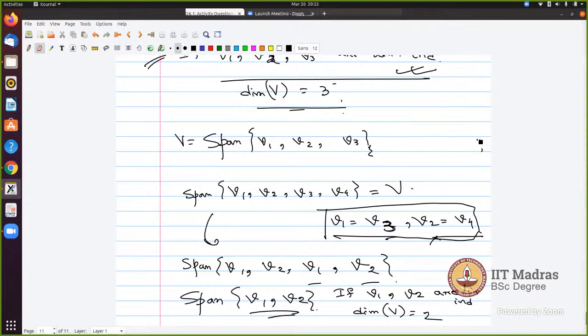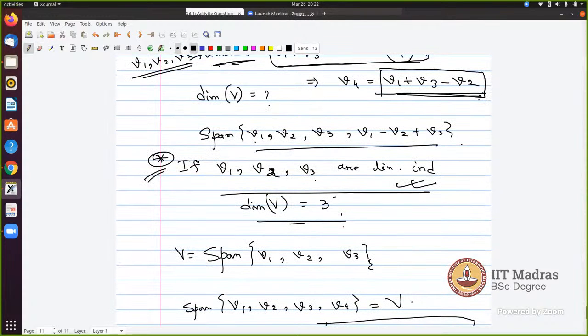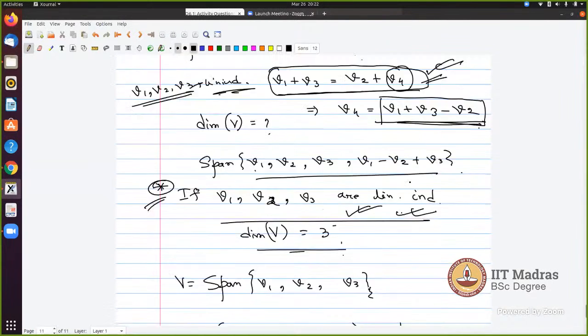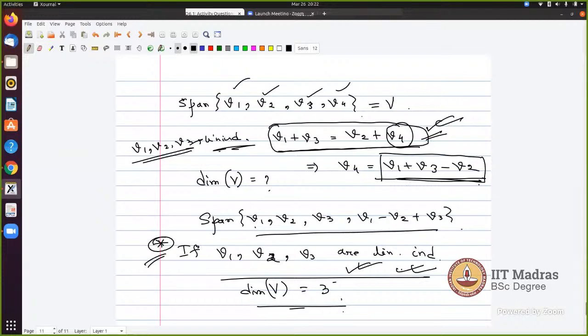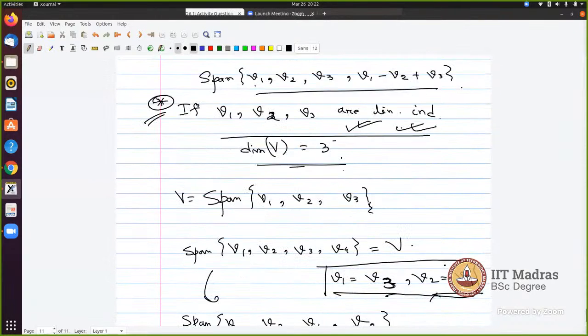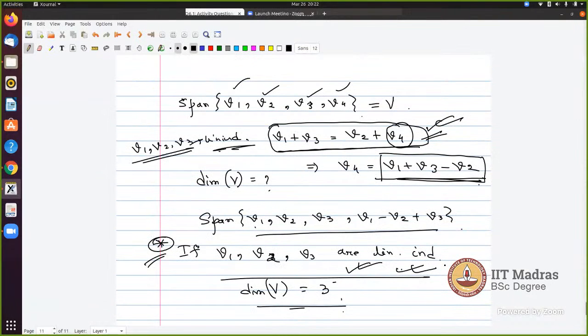So when I claim the dimension is 3, I am assuming that V1, V2, V3 are linearly independent. Even if we don't assume it, suppose V1 is 0, that also can happen. Suppose this is asked in a question; it will not be asked in this manner.